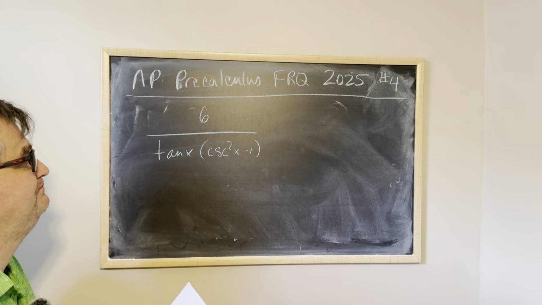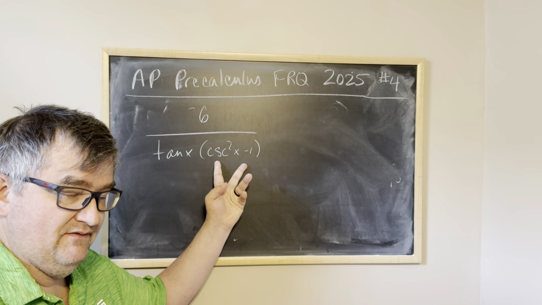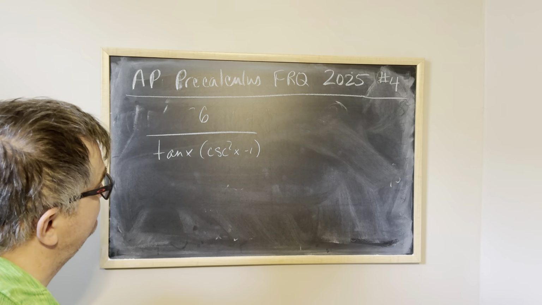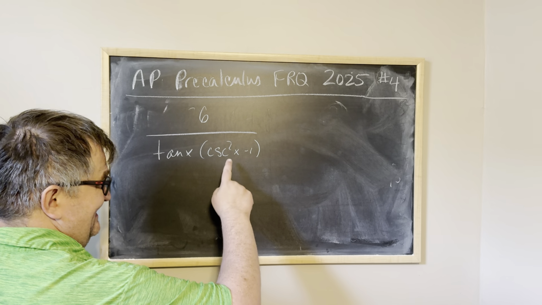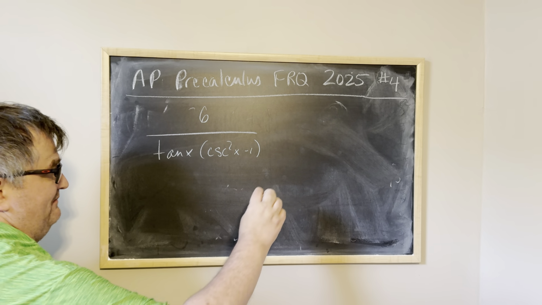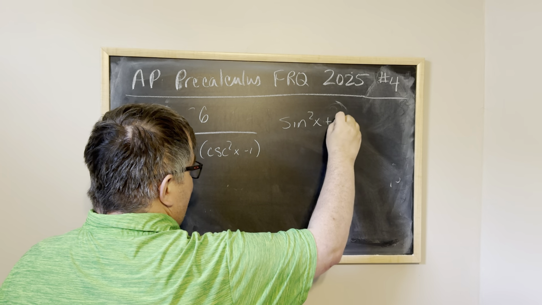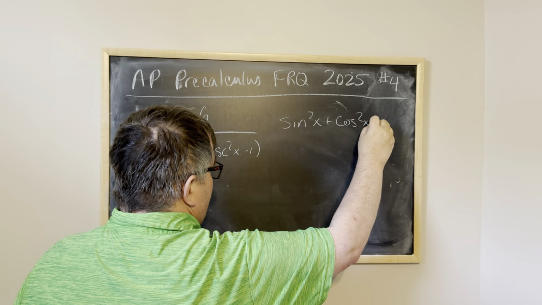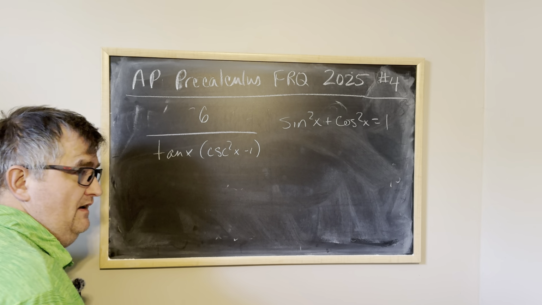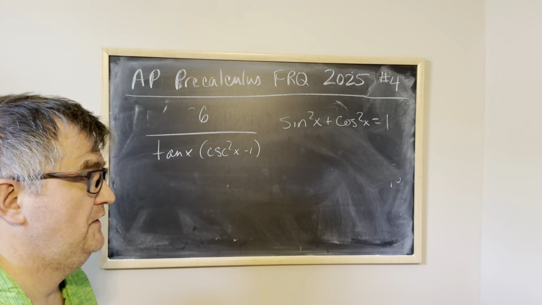So, clearly, you have to manipulate this. So, this is a very rare Pythagorean identity. So here's the catch. If you know this one, you can derive the other two.